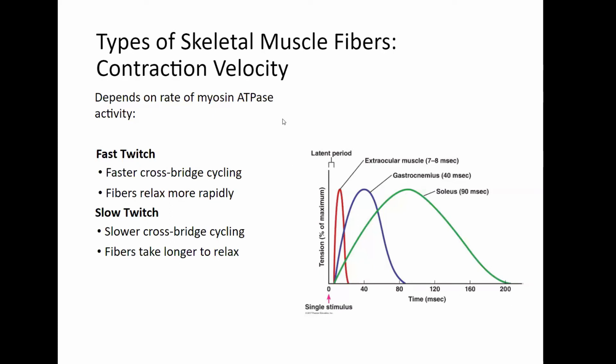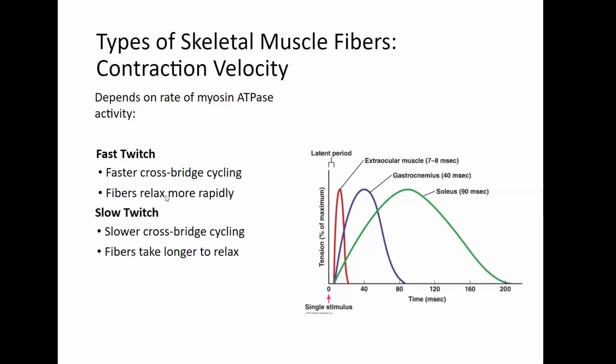You may or may not remember the graph of a twitch: we had a latent period, a contraction phase, and relaxation at the end. These are all altered versions of that graph from our previous unit. We have a latent period while we're sending the action potential from our neuron down our sarcolemma, down our T-tubules, starting our cross-bridge cycling.